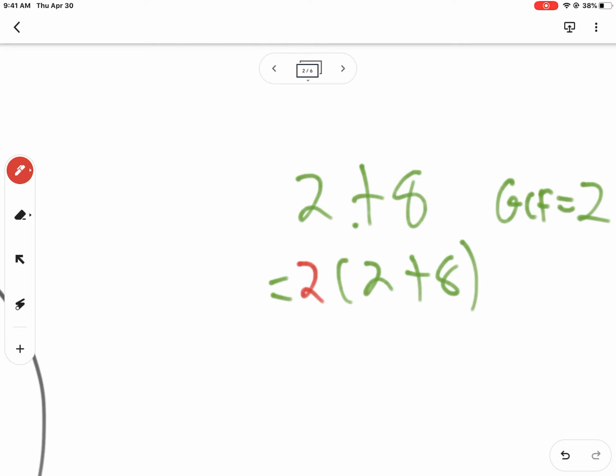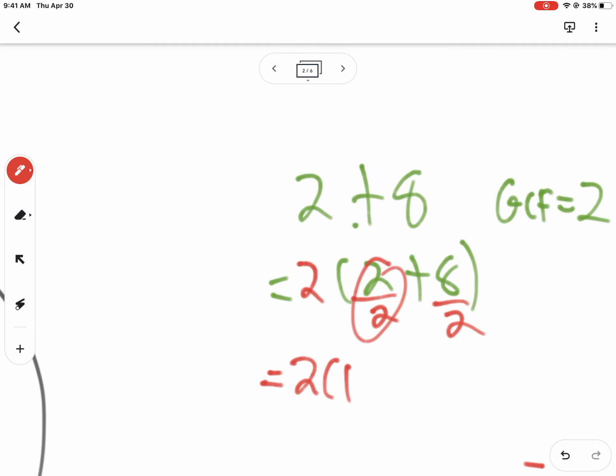I'm not allowed to just double something and say it's equal. I now have to divide by that same amount. So in fact, the process of factoring is actually multiplying and dividing by 1. That's the process of factoring, so that our final answer would look like this.